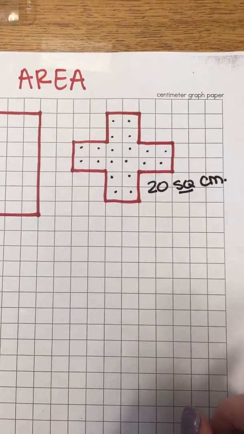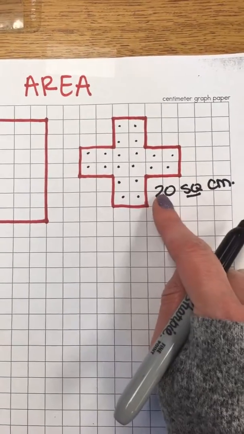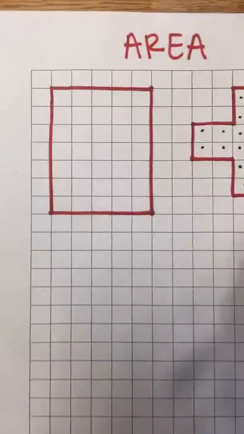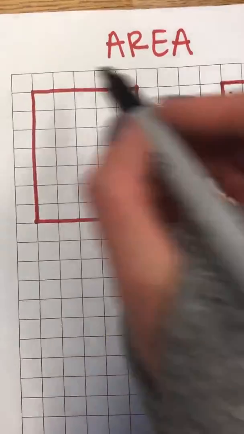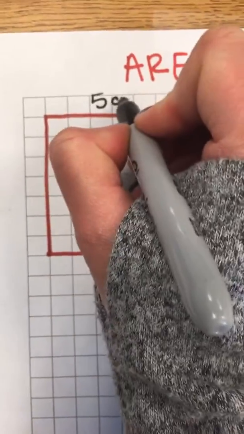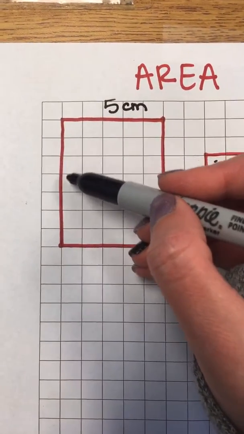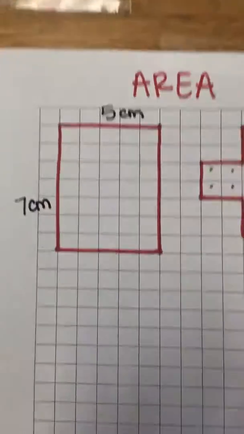You have to make sure that you count carefully because if you don't count carefully on the grid paper, then your answer is going to be wrong. So make sure you're paying attention. Now, if it is a rectangle, this is an array. Do you see our array? So we just need to find 1, 2, 3, 4, 5 centimeters going this way, and there are 1, 2, 3, 4, 5, 6, 7 centimeters going this way.